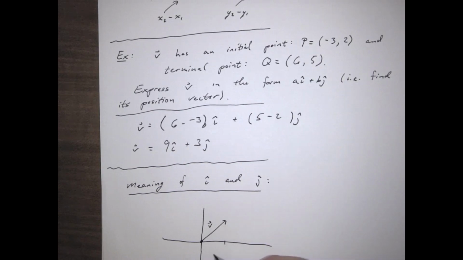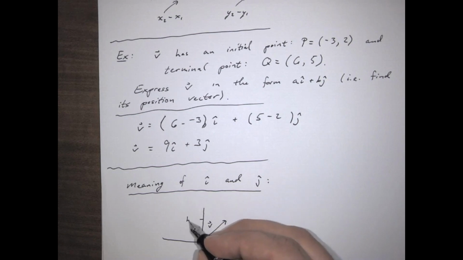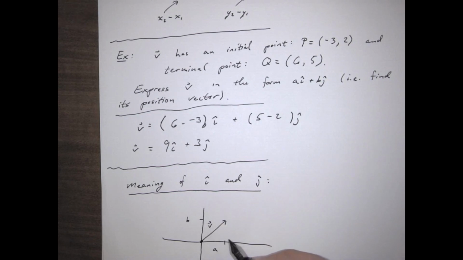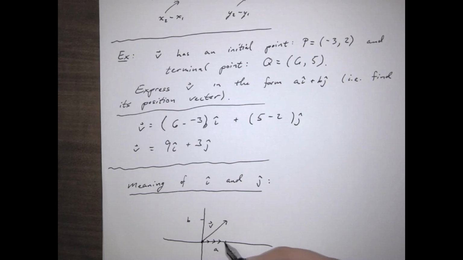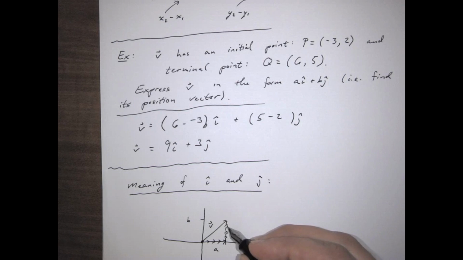And if this is a and this is b, then basically what we're doing is we are breaking it into ai plus bj.